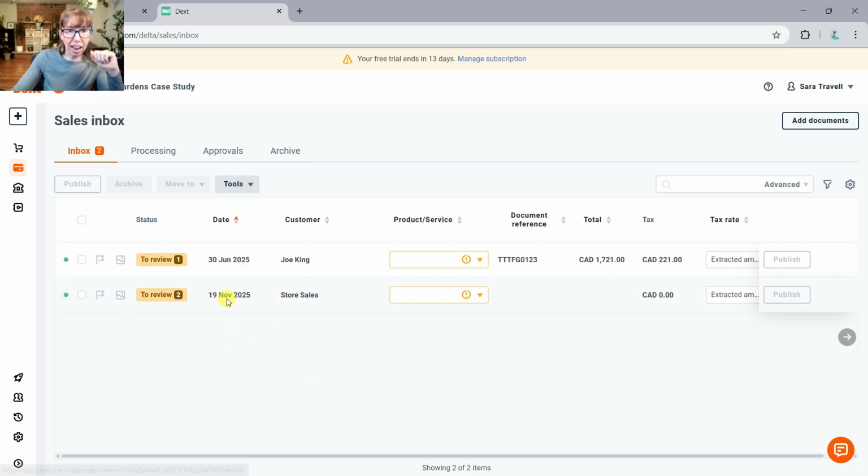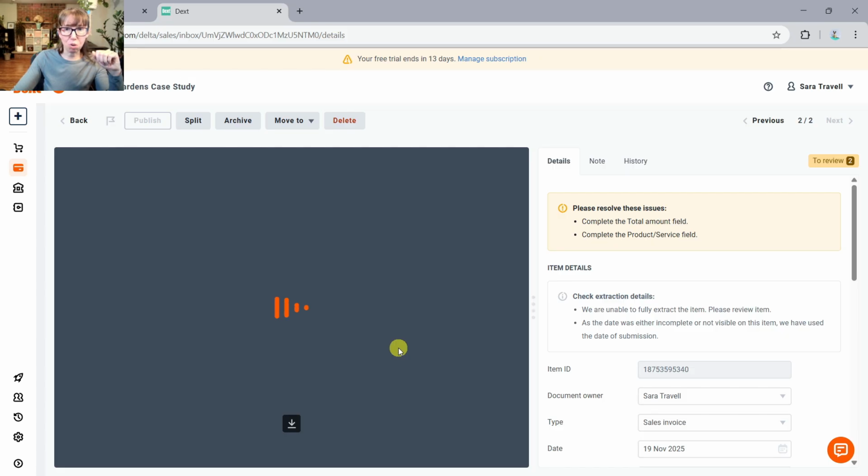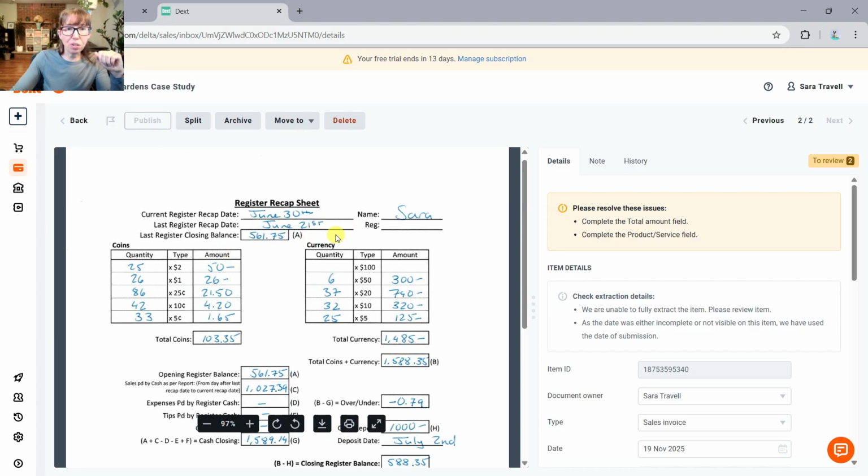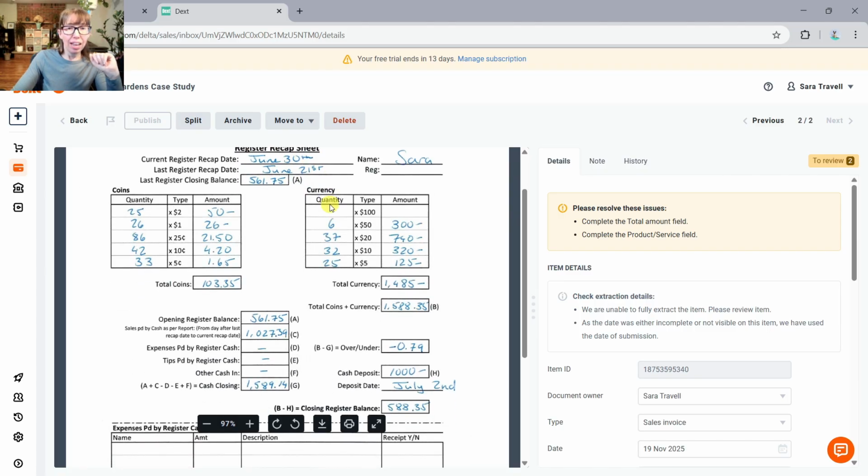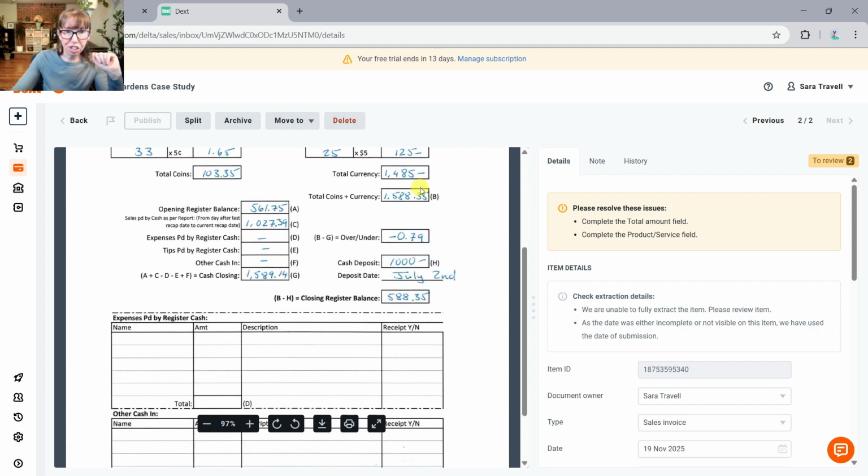So let's go ahead and look at this quote-unquote store sales. And we can see that it is register recap. If you remember, I did ask Sarah if she could do one on the last day of the month. And what we can see here is they've counted up the cash in the register.